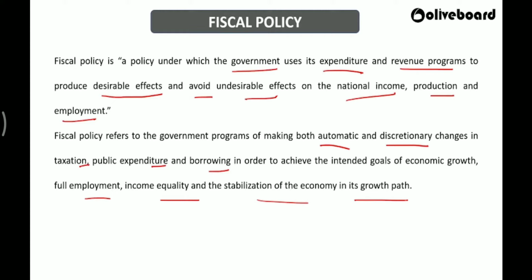It is as simple as that, like how we will run our families, how we will make sure that everybody in the family is good and going in the right direction. The same way the government uses various policies, automatic and discretionary policies. Say for example, budget, taxes, right?